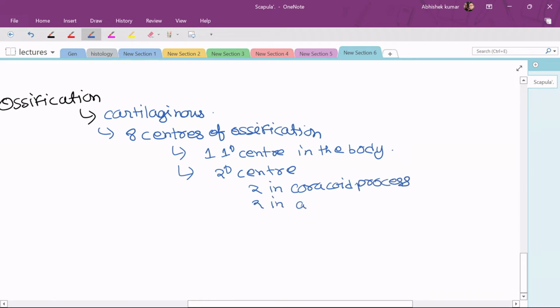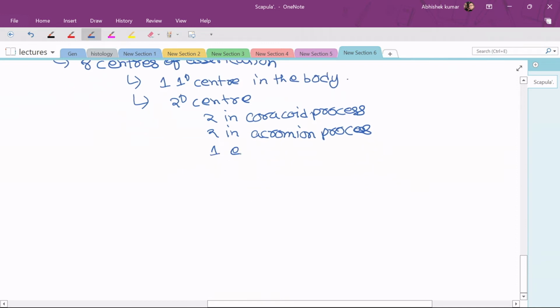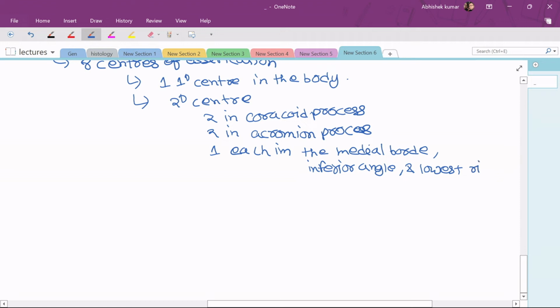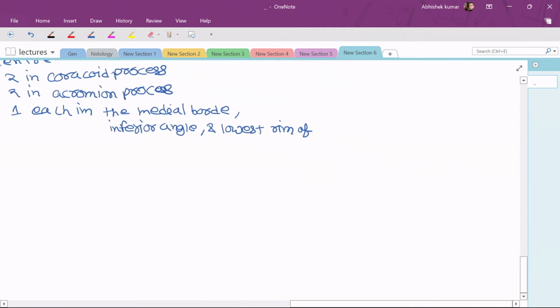two in the acromion process, and one each in the medial border, inferior angle, and lowest rim of the glenoid cavity.